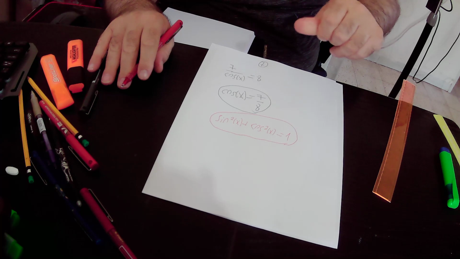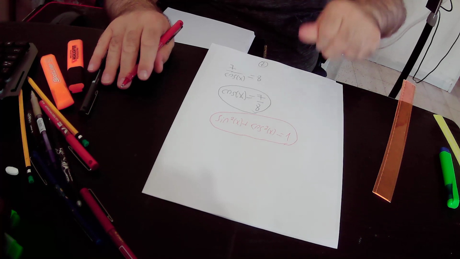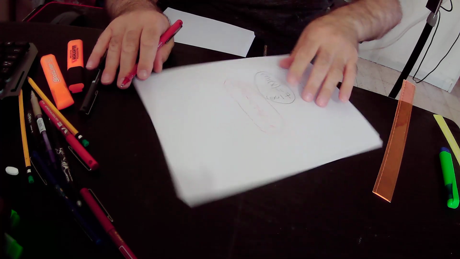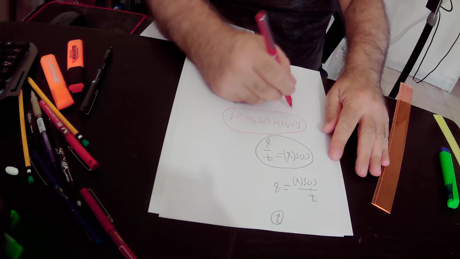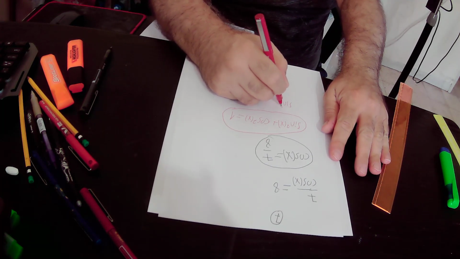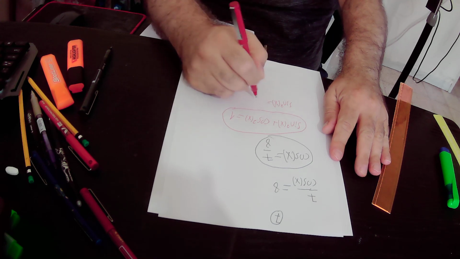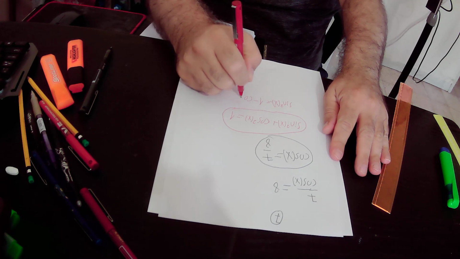From this trigonometric identity we will subtract cosine square x, and we will get that sine square x equals 1 minus cosine square x.